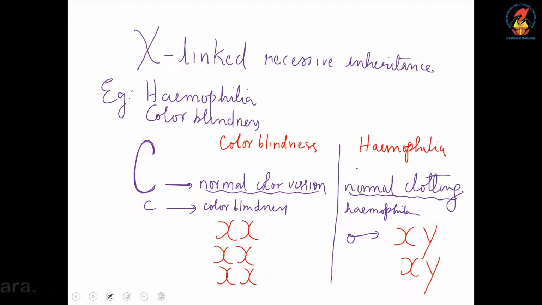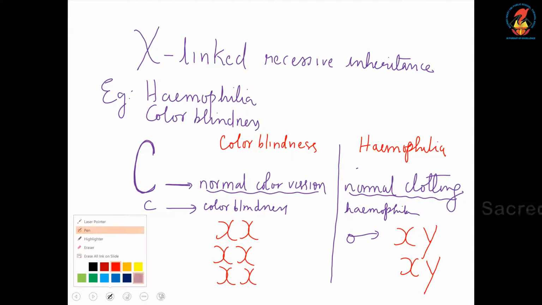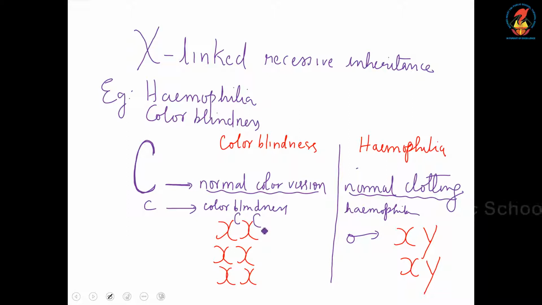So, now I have indicated only the sex chromosomes. Now, I am going to indicate the C to it. In the first case, let this first case be a normal female. So, X with superscript capital C, X capital C. Second case I am going to give X capital C, X small c, and third case X small c, small c.